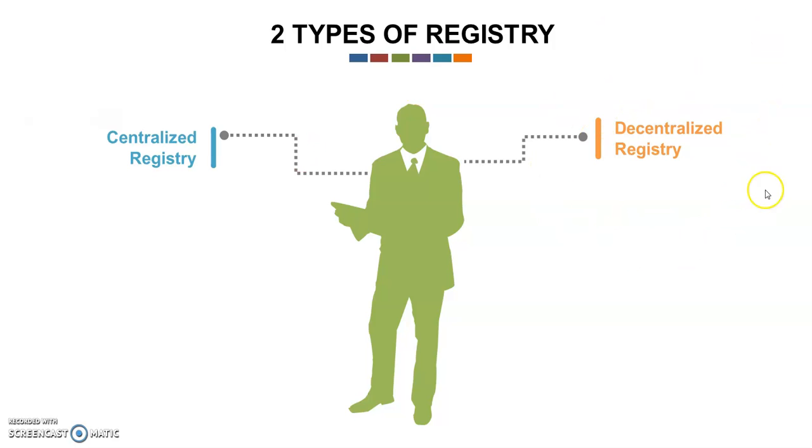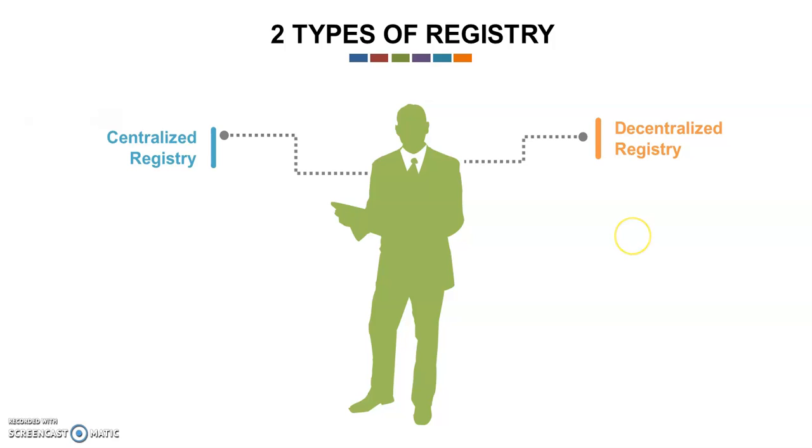Meanwhile, a decentralized registry is where in the organization there will be several units or departments that manage their own current record. Whether we use the centralized registry or decentralized registry will depend on the size of the organization.